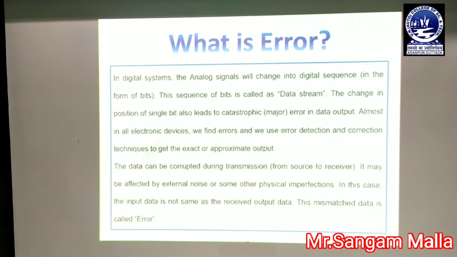This mismatched data is called an error. If we get the exact output as we sent in the input, there is no error in the data. But whenever the data is mismatched, we call it an error.